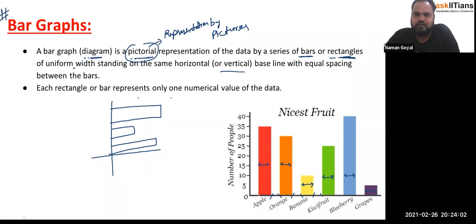How many pupils like apples? 35. 30 people like orange. 10 people like banana. 25 people like kiwi fruit. How many like blueberry? 40 people like blueberry, and 5 people like grapes. So this type of data is represented by what? A bar graph. Have you all got my point?